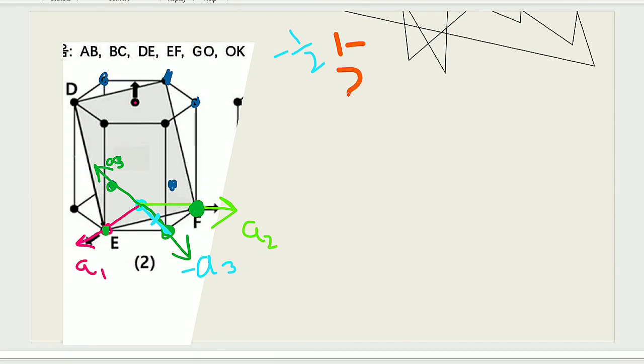The second method that we used to do involves this equation, h plus k plus i equals 0.